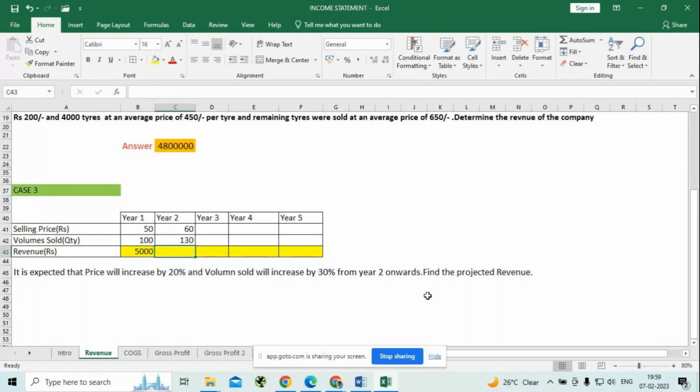So that is 130, and this is common, this into this. Okay, the same way I can do it for the next year: equals previous year into open the bracket, 1 plus the increase percentage of 20%. See, on 60, 20% means it's 72 rupees.